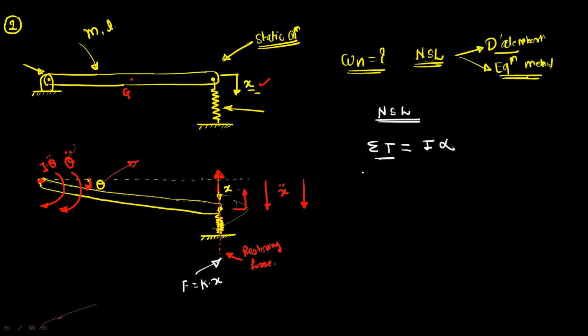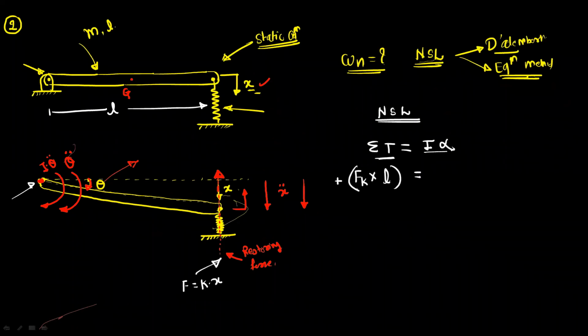So this moment will be the spring force Fk into this complete distance, which is L. Just multiply Fk by L. This moment is in the anti-clockwise direction. You can observe that as the force vector is upward and this is the pivot point, the moment will be anti-clockwise, so it is positive.